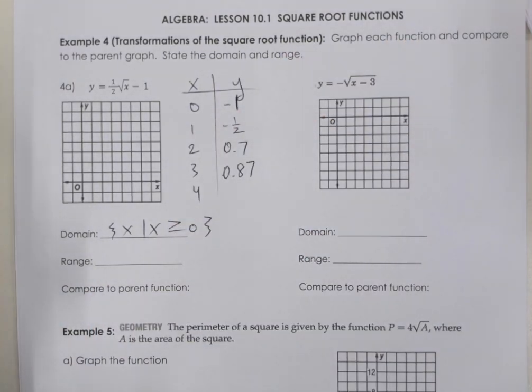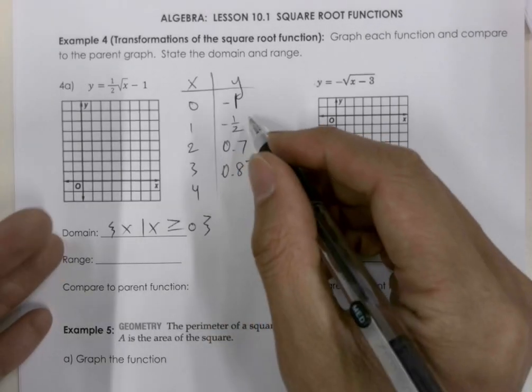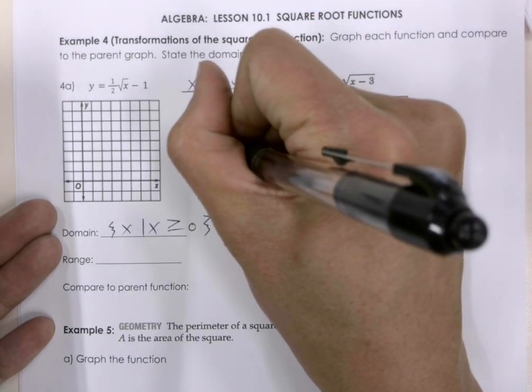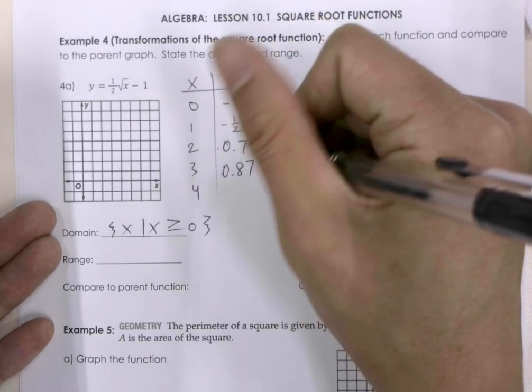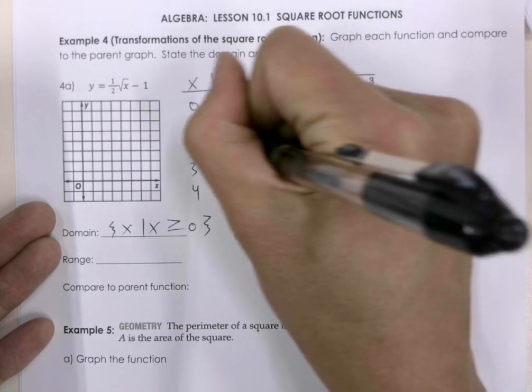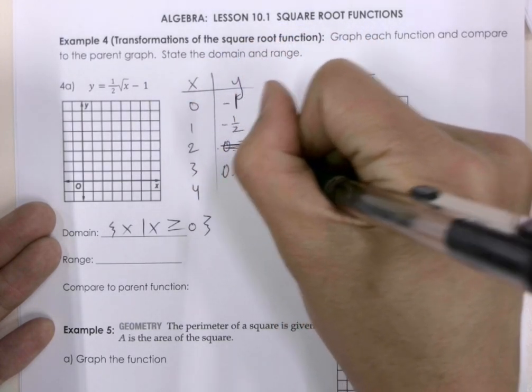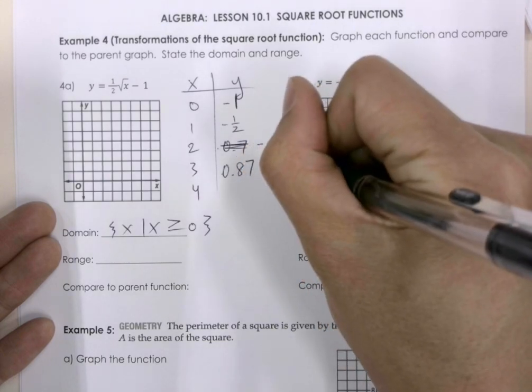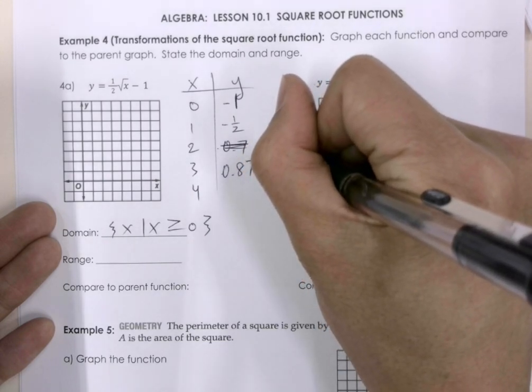And then for 4, it is 1/2 times the square root of 4. Oh my goodness, I was supposed to minus 1 on all of these. So this is actually going to be -0.3, and this one is going to be -0.13.